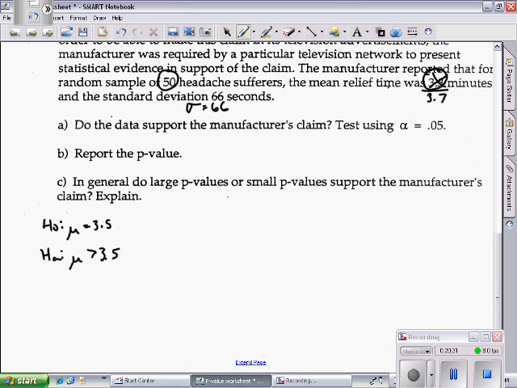And the reason I picked greater than is because if the pain relief works faster than 3.5 minutes, I don't think anybody's going to complain. And so when this original question said 3.3, I think it's unlikely that anybody will care if it worked faster than advertised. I also need to define mu, where mu is the average relief time in minutes.